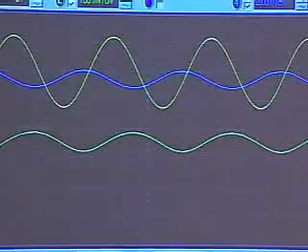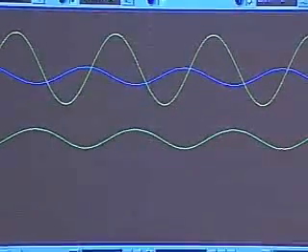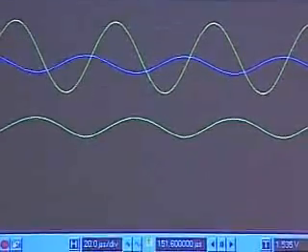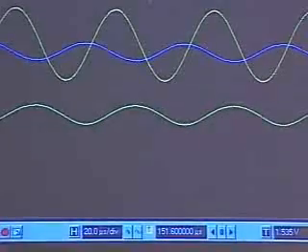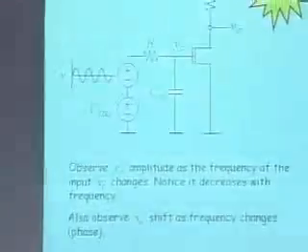Also weird. So not only has this little circuit here lost its gain somehow, but also it seems to have shifted the signal in phase. That is weird, and today we will look at why that is so and try to understand the frequency behavior of this little subcomponent here.